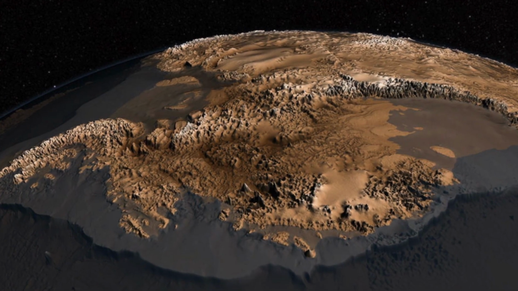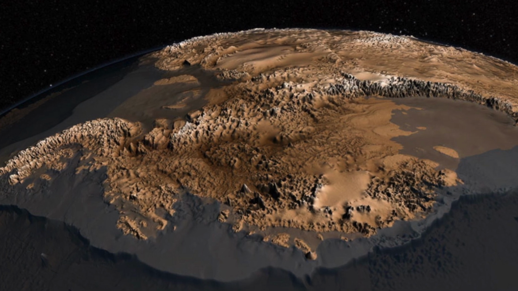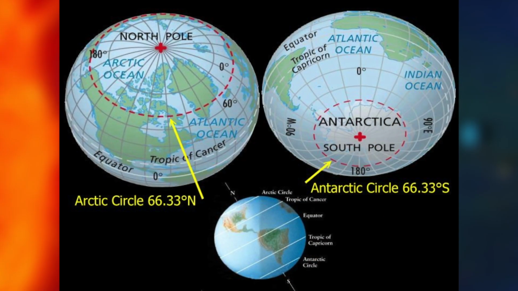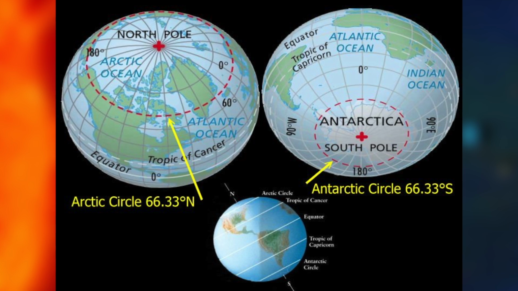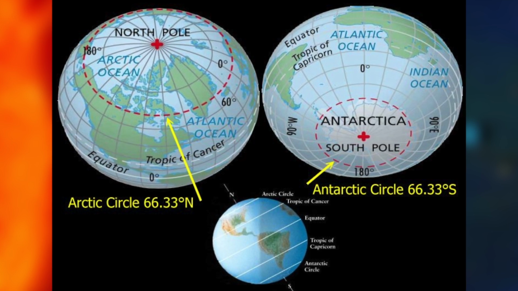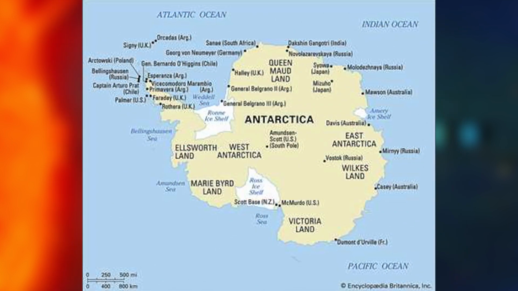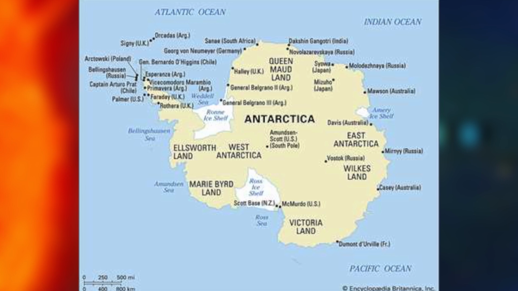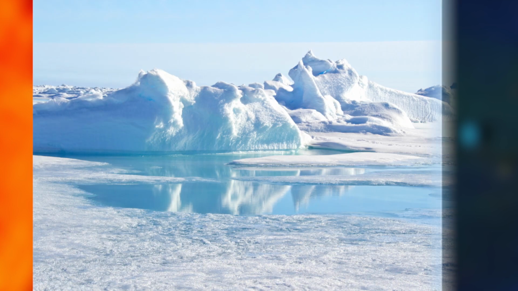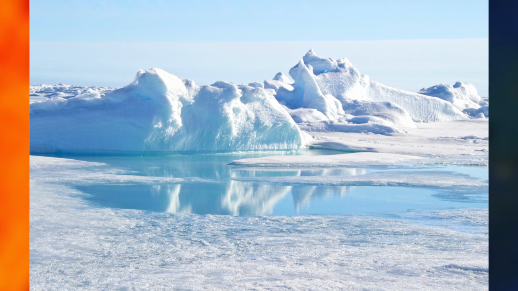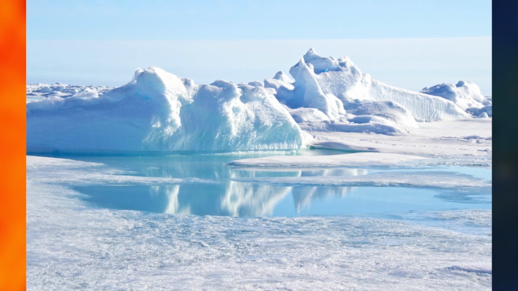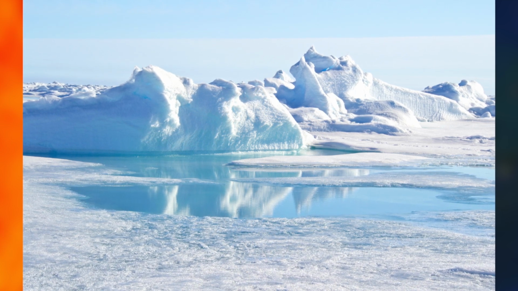Antarctica is a huge landmass located completely in the southern hemisphere in the South Polar region. The South Pole lies almost in the center of Antarctica. Being located in the polar region, it is completely covered by an ice sheet.